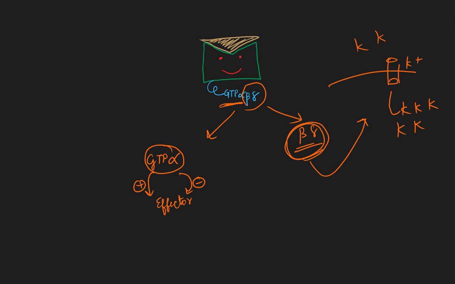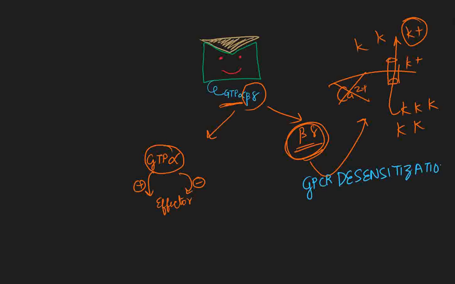So potassium moves out through this channel. As the potassium moves out of this channel, it inhibits the opening of your voltage gated calcium channels. This will not open. So what effect does this have? This will lead to your G protein coupled receptor desensitization.